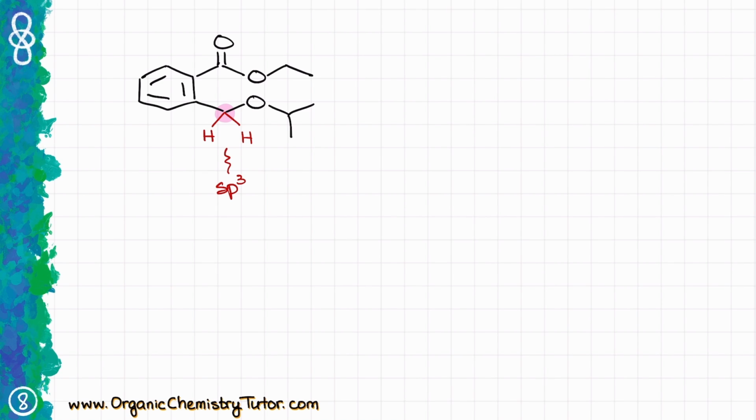Next, let's look at, let's say, this oxygen over here. Well, for this oxygen, again, if I pay very close attention to how my structure is drawn, I am missing the implicit electron pairs on this oxygen, which means that this oxygen is connected to 4 different things, which means that that is an sp3 hybridized species as well.